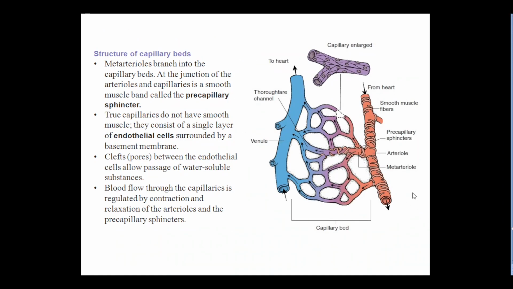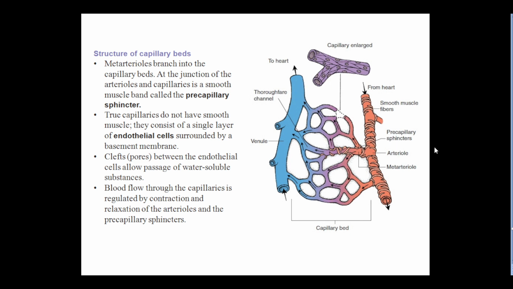Now, structure of the capillary bed. As you can see here on the diagram, this is the microcirculatory bed. You have the arteriole, which will split into precapillaries with precapillary sphincters. Then you will have capillaries with postcapillaries and the venule.